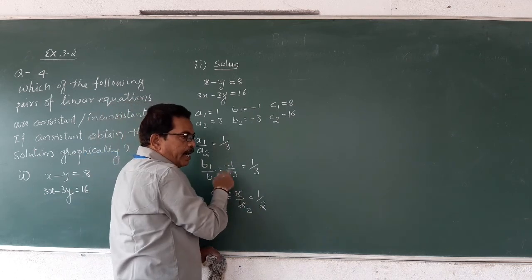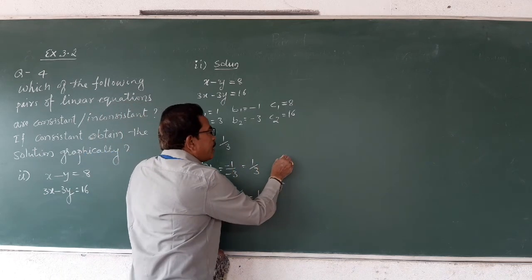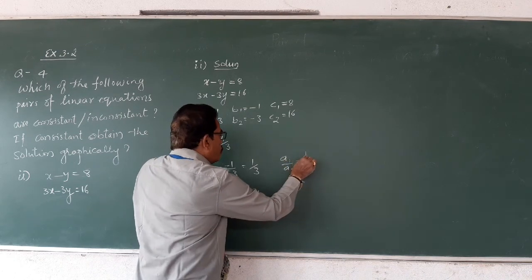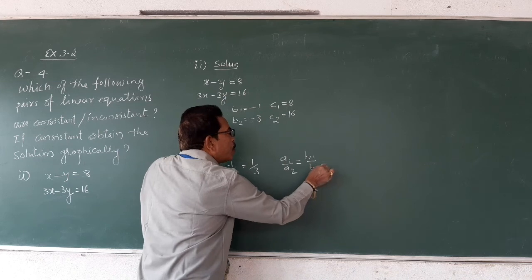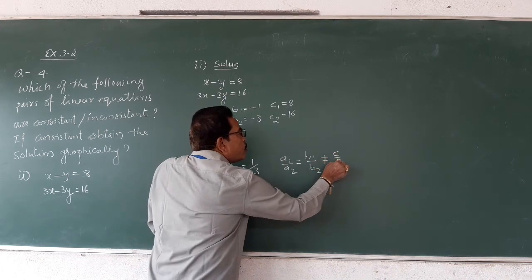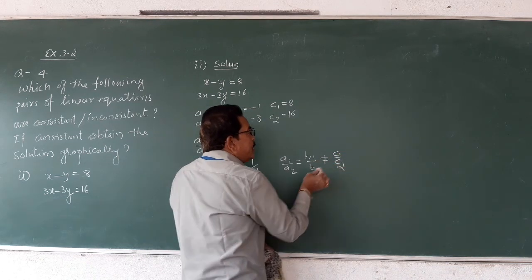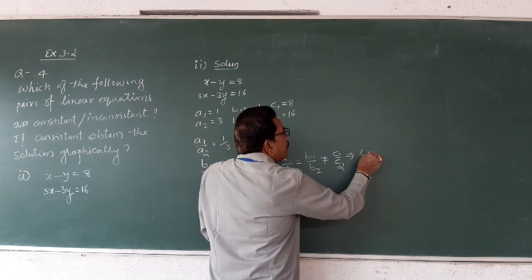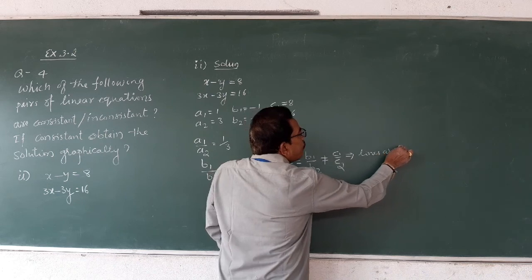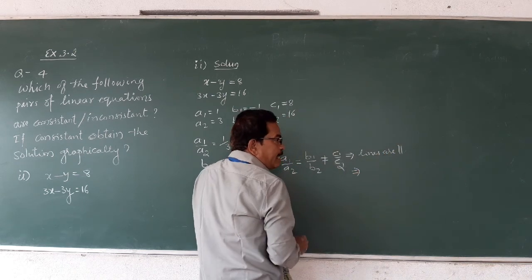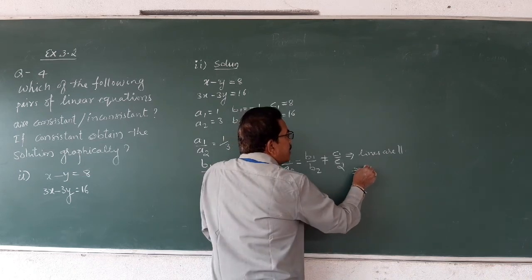By observing the ratios, a1 by a2 equals b1 by b2 is not equal to c1 by c2. This implies the lines are parallel.